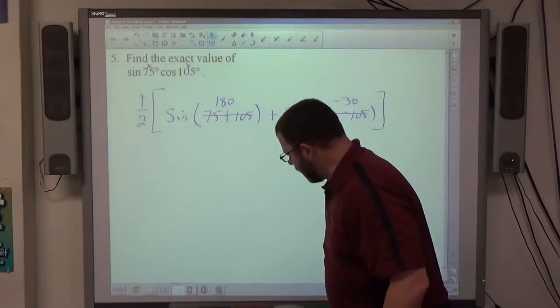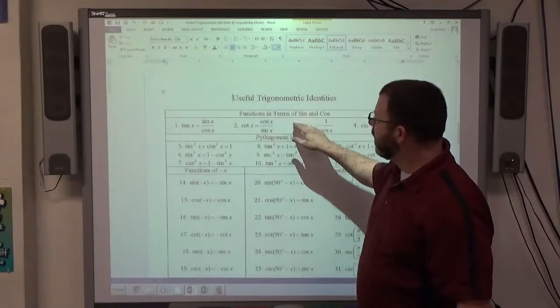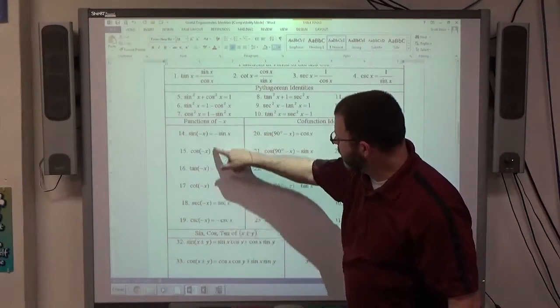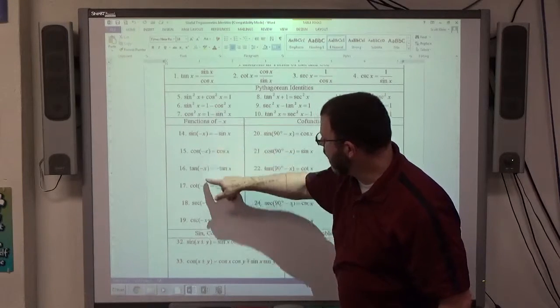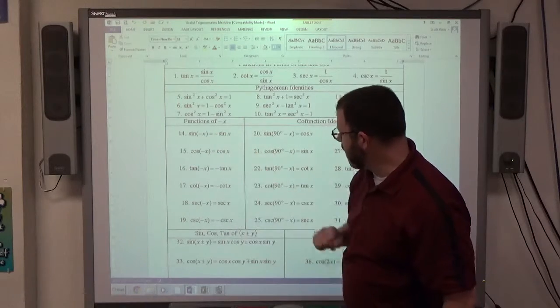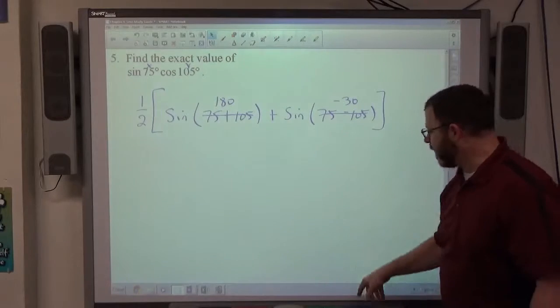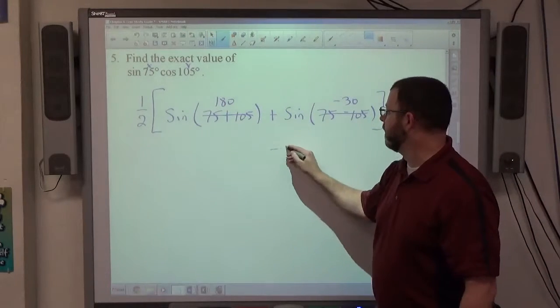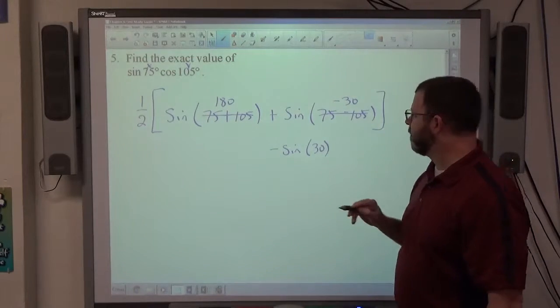What you can recognize, hopefully, are our negative angle functions, so sine, tangent, cotangent, cosecant. If you have negative angle, it changes the sign. For cosine and secant, it stays the same sign. In this case, we have sine of a negative angle, so according to number 14, that's negative sine of 30.